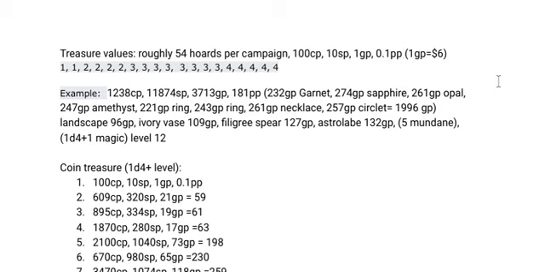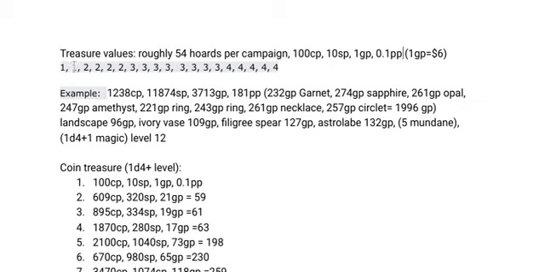One of the other things I will say is that in those reference manuals, they say that a campaign roughly has 50 to 52 hordes per campaign from level 1 to 20, which is where I run that estimate. So I built out a set where at level 1 of a campaign, you get 1 treasure.